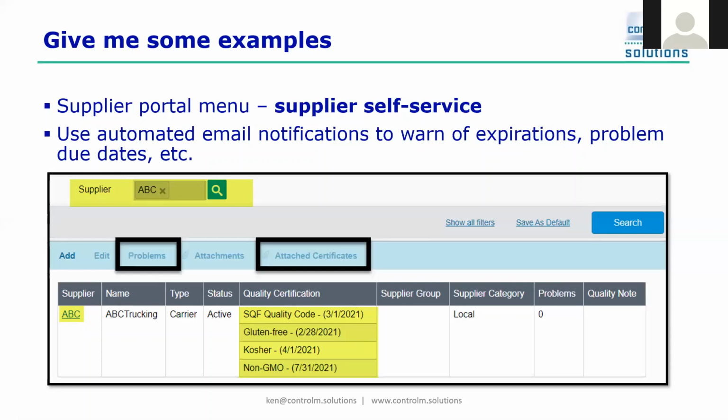Now the only thing you have to worry about is when they're past due and it hasn't been done, and there are notifications for that too. So we're putting that work back on the supplier to manage their own certifications, their own problems, all those things that you spend time sending emails and phone calls back and forth to your supplier contacts.